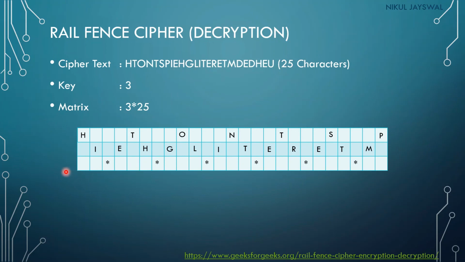Now we will come to the second row. We will put the next characters, that is D, then E, then D, then H, then E and U.